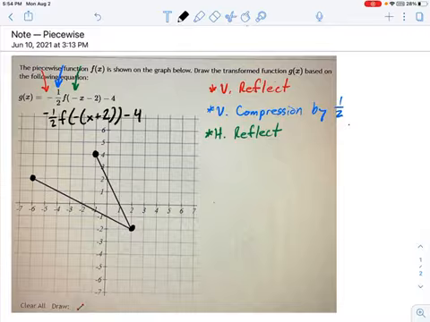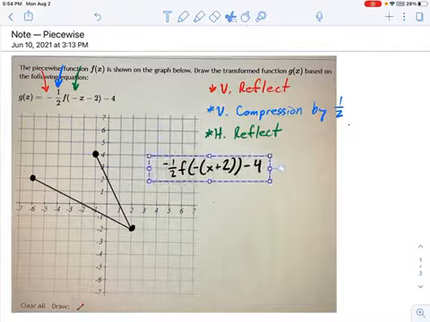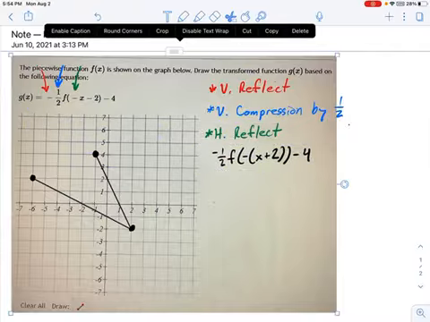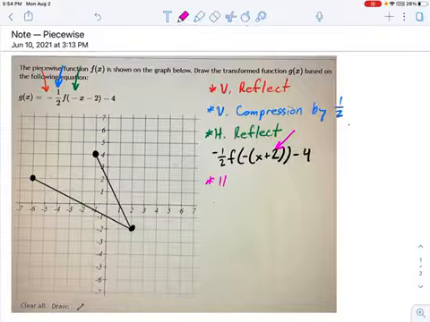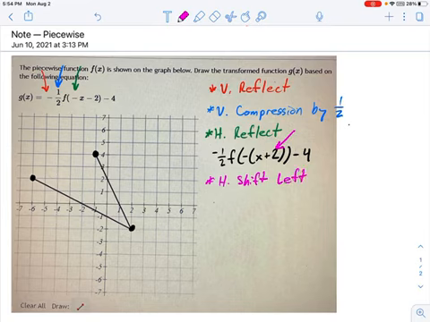It's important to factor that out because now we can see that this is a shift to the left, not a shift to the right, as we might have first suspected. So that plus 2 right there is a horizontal shift left, plus goes left, shift left by 2.